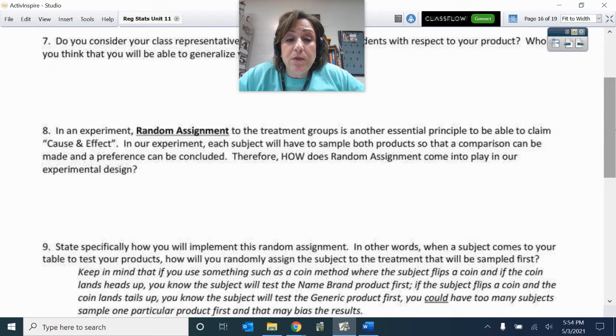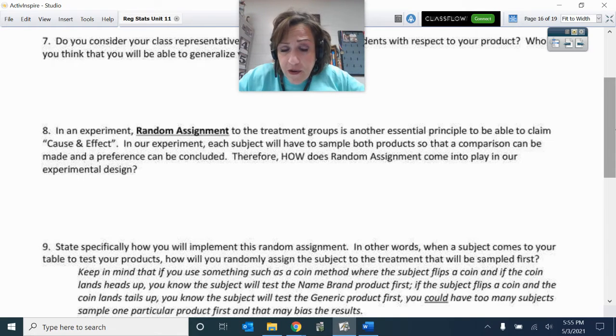All right, so the next question. In an experiment, you must have random assignment. You must randomly assign to the treatment group so you can claim cause and effect. That was one of the criteria that we discussed. Random assignment must happen. It's an essential principle to be able to claim cause and effect.